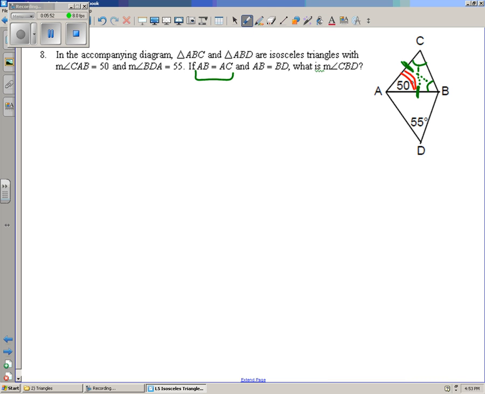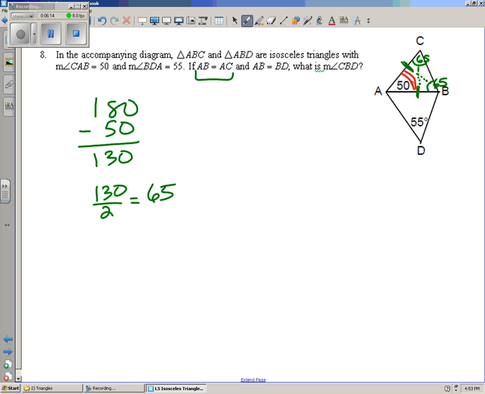So we can get each of the green angles that are labeled. So we can take the 180 degrees being in a whole triangle, minus 50, which is 130. And 130 has to be split evenly amongst the two angles, so we're going to divide by 2, and we get 65. So each of these angles is 65.